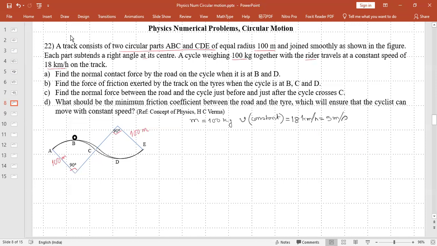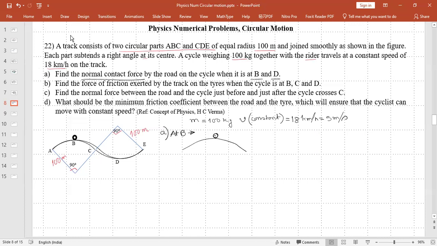Now, the first question is, what is the normal contact force at B and D? So this is question A. Question A also has two parts. What is the contact force at B and at D? Let us first try to solve at B. If we draw the free body diagram of the cycle at B, it is like this.